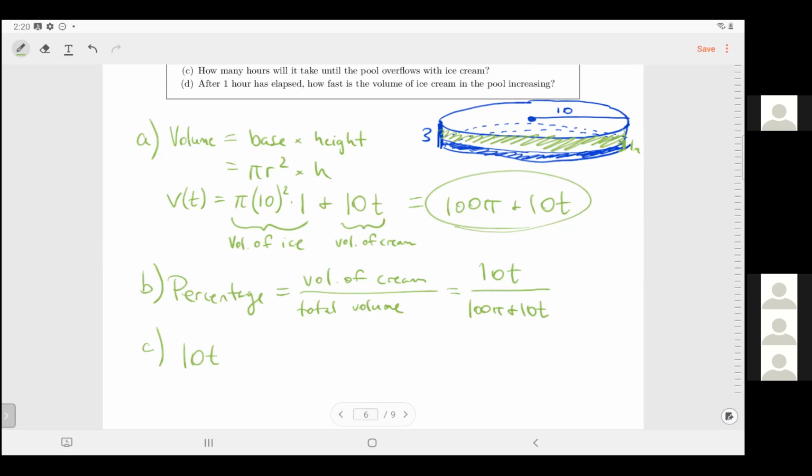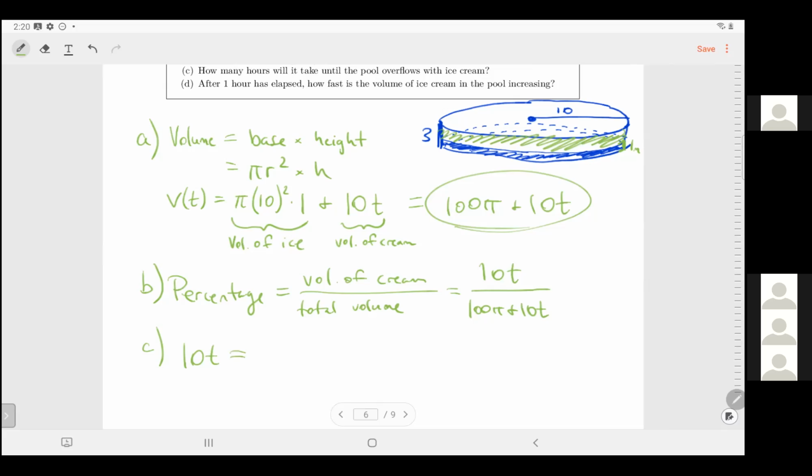The other way to think about it is just find the whole volume of the pool itself and then subtract the ice. But yeah, it's going to get you the same answer either way. So 10t is telling me the volume of the heavy cream that was pumped in.